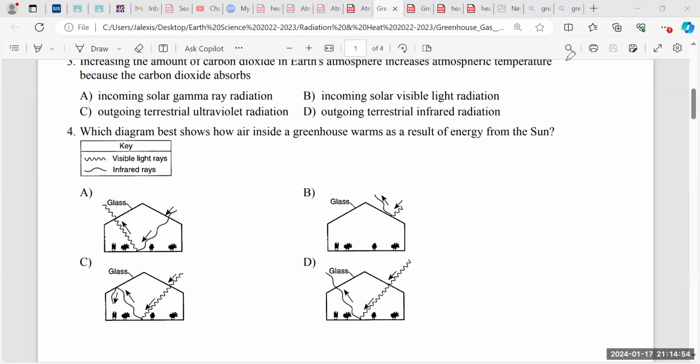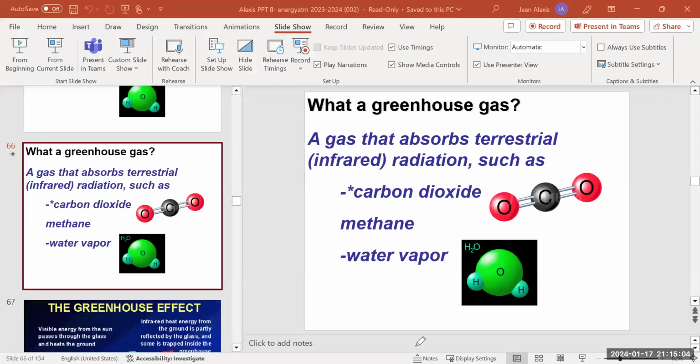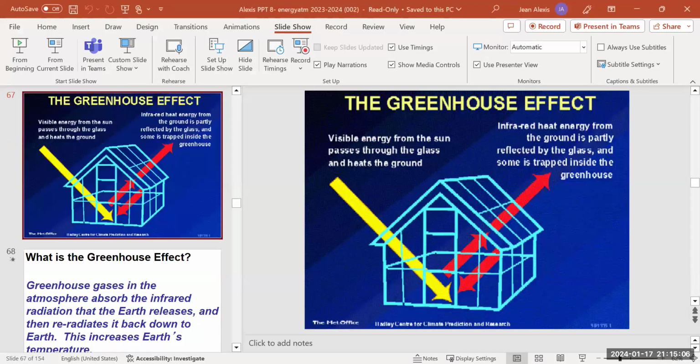In a greenhouse effect, we have energy in the form of light. Let me just go to my notes right here. We have energy that comes from the sun.